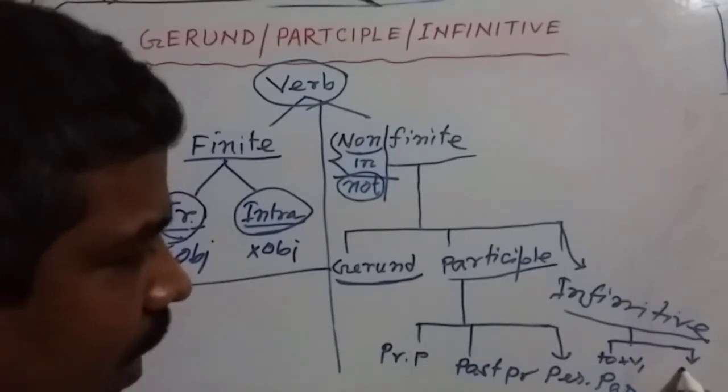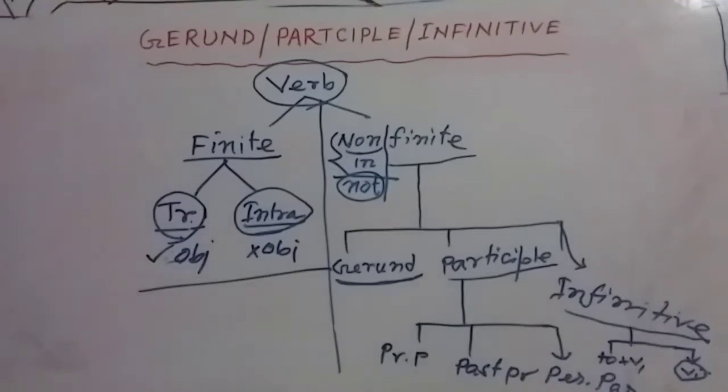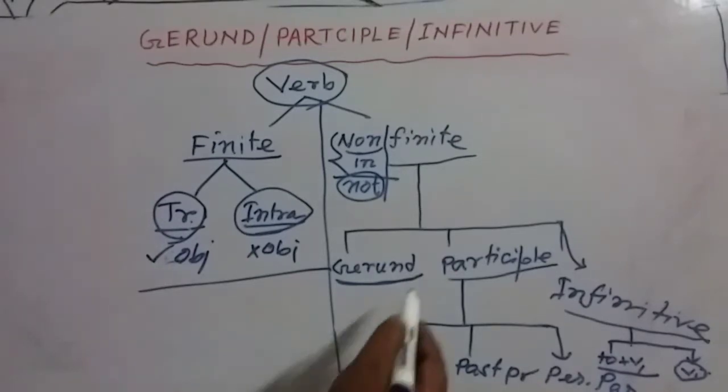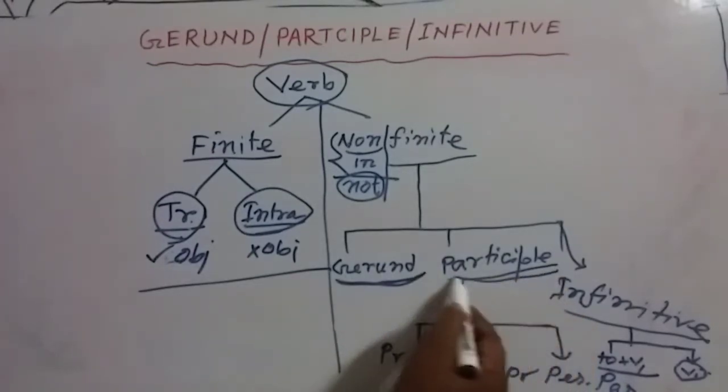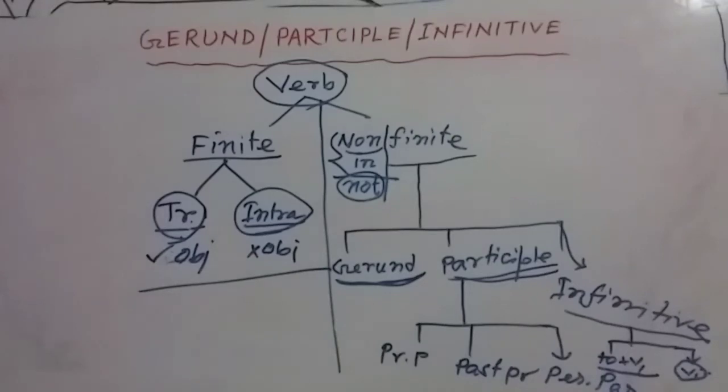That means here we only use the present form of the verb. It is called bare infinitive, and this one is infinitive. Actually, my dear friends, these are the divisions, but we have to know what is gerund, what is participle and what is infinitive. Let's look at this section.